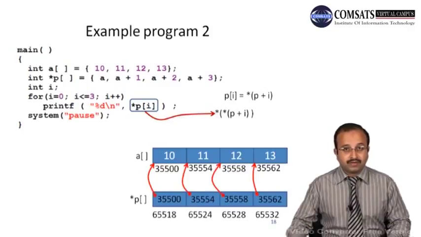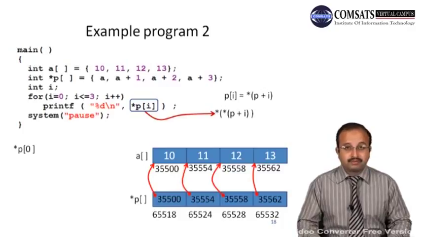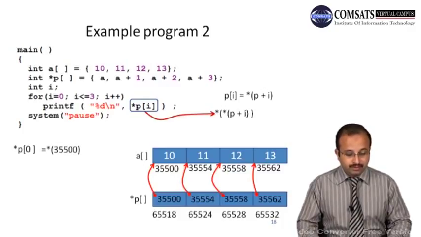This means the value at address 35500, that is 10 again. So *(P+0) is equal to *35500, that is 10, and *(P+0) is *P, and then *65518.